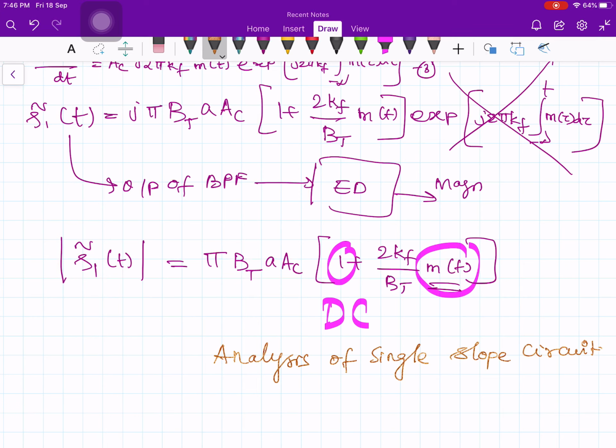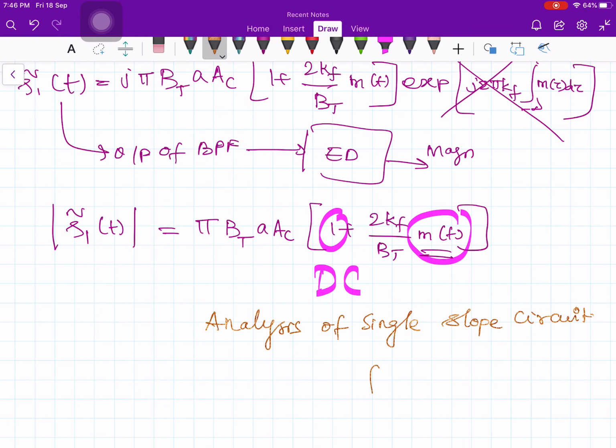Now we will consider how things change if I take two slope circuits, that means two bandpass filters. The purpose is to get the balanced demodulator. Balanced demodulator in the sense that at f equal to fc, my detector output yd of t must be equal to 0. That is the condition.